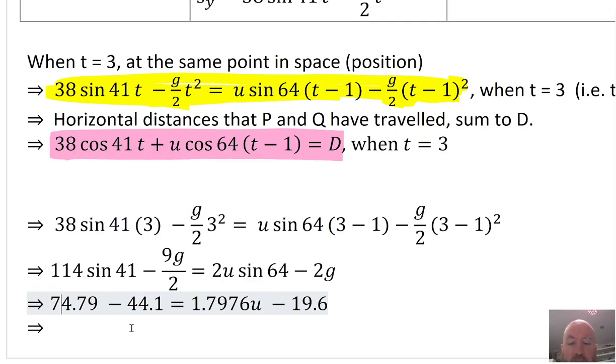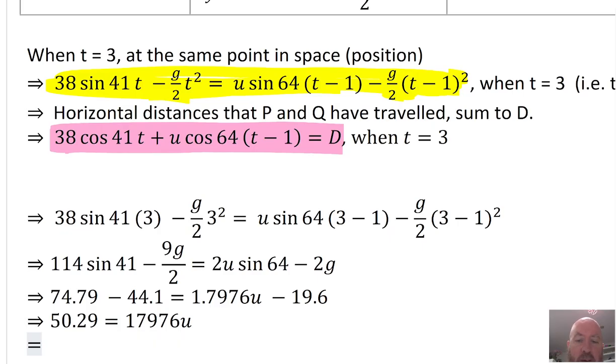So 74.79 minus 44.1 plus 19.6 is, and I think this is getting us the right answer, 50.29 equals 1.7976u, which means that u is 50.29 divided by 1.797, which is 27.9.